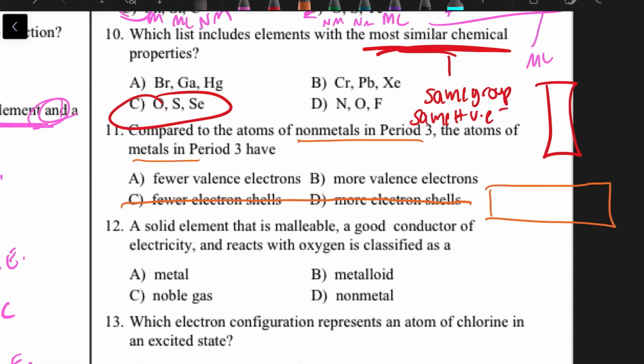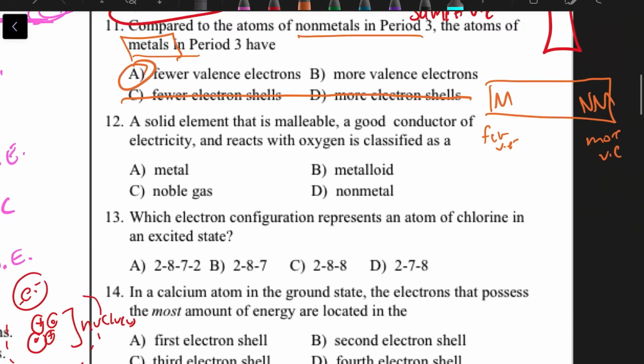They all have 3 numbers in their electron configuration, representing the 3 shells that they have. But metals on the left, nonmetals on the right, metals have few valence electrons, nonmetals have more valence electrons. So it's asking about metals, they have fewer valence electrons. Again, you don't necessarily need to have strong chemistry content, you just need to know how to look at your periodic table.